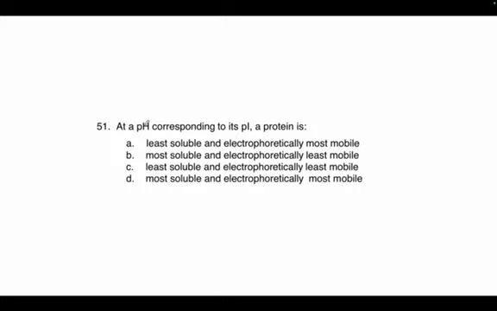At pH corresponding to pI, since it has no overall charge, it is going to be electrophoretically not mobile. Right? In electrophoresis, it is very important that the molecule which you are going to analyze should be charged. Otherwise, it's not going to move in an electric field. So electrophoretically, it is going to be least mobile. It is also going to be least soluble.